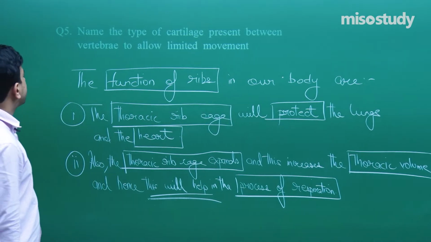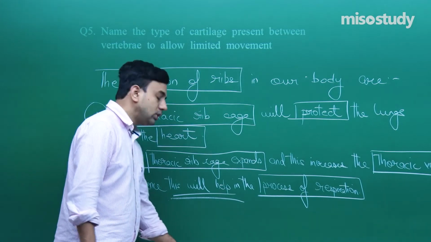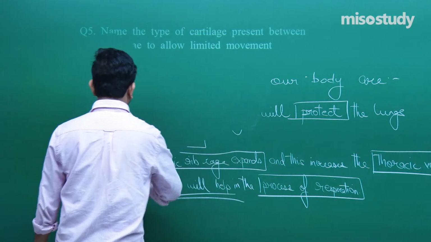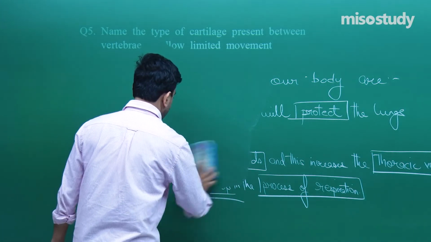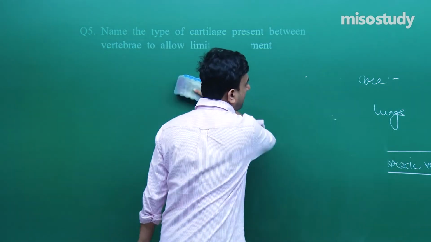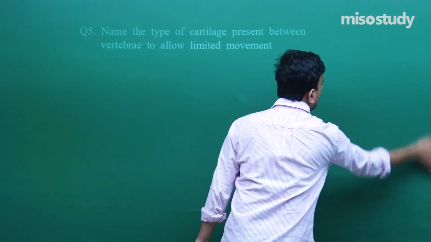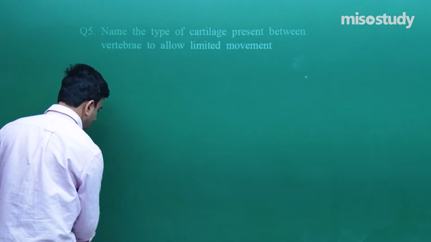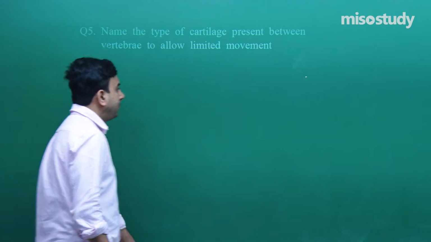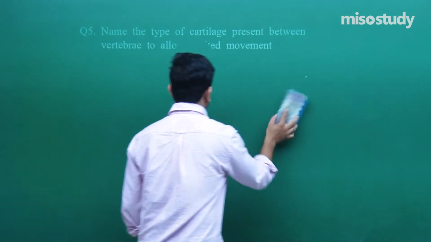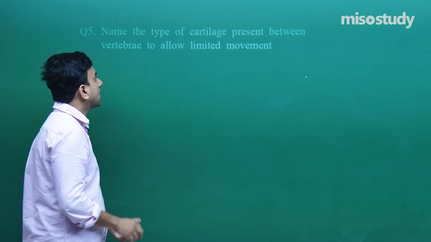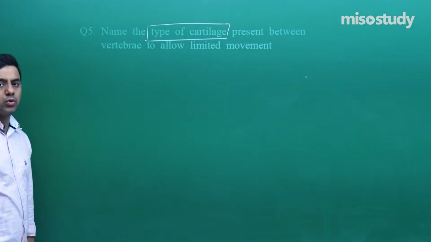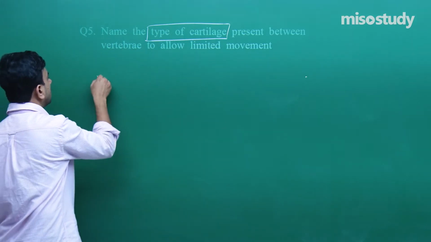Name the type of cartilage present between the vertebrae to allow the limited movement.